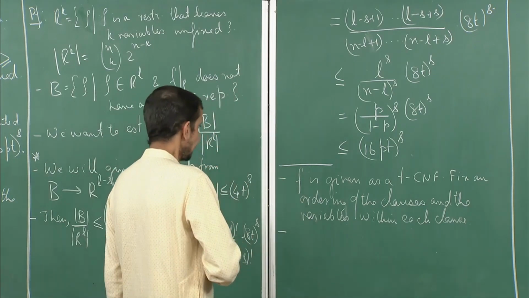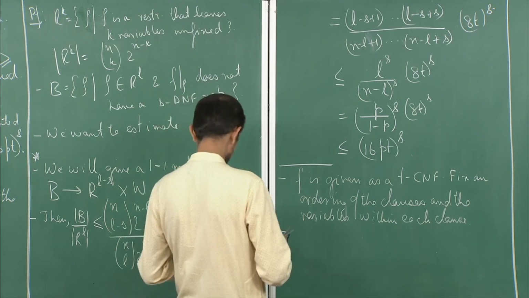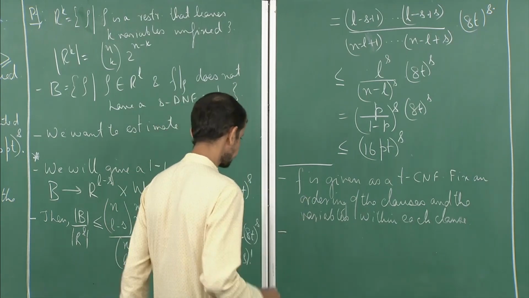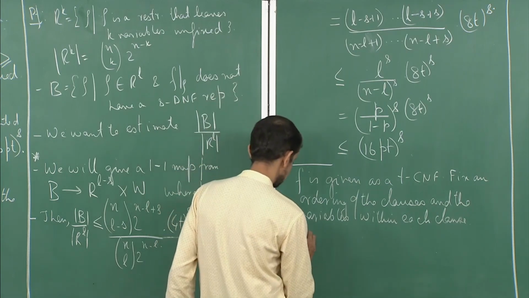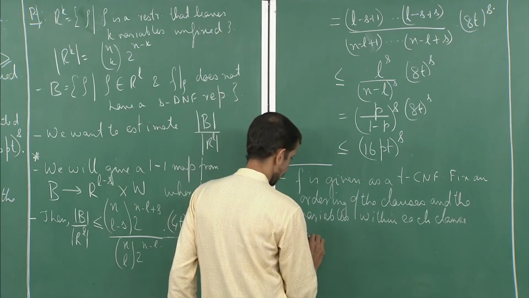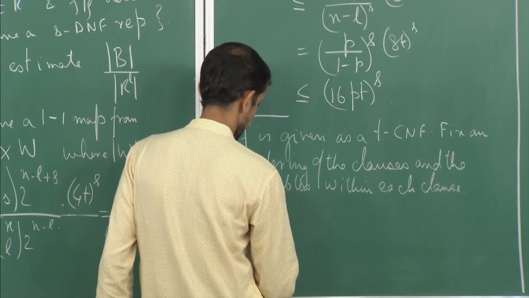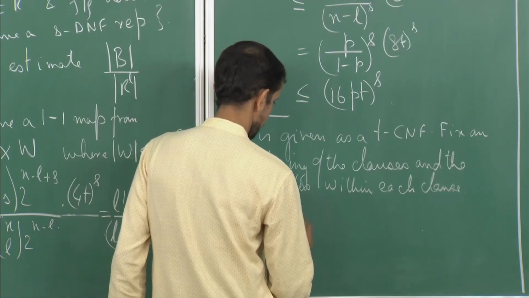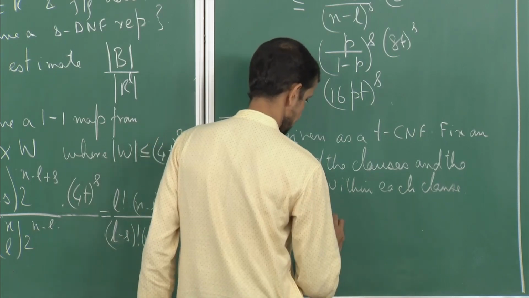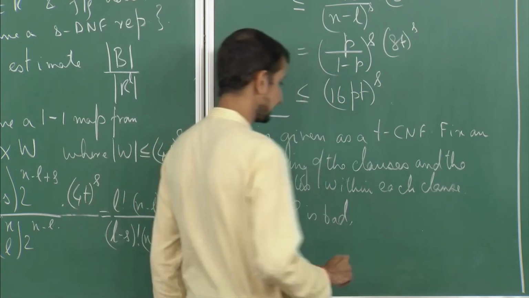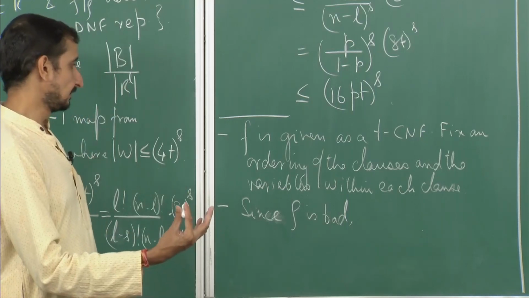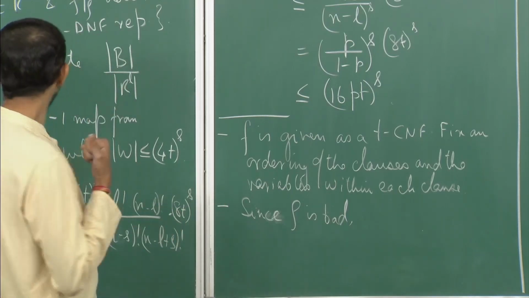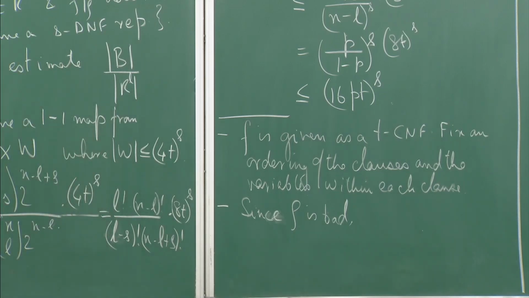Next what we do is, since rho is bad, that is, f restricted to rho does not have a SDNF representation.